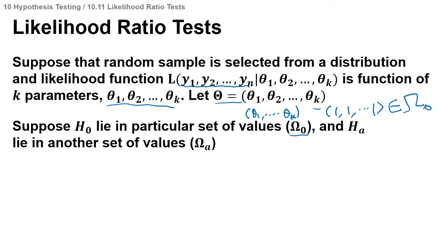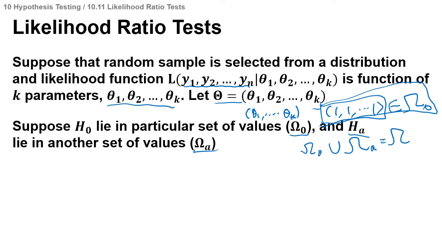If this set of parameters is inside the null hypothesis, then we can write the null hypothesis like this. There is also the alternative hypothesis, and the union of the null hypothesis space and the alternative hypothesis space is the full parameter space.